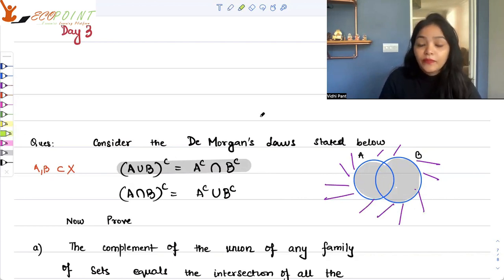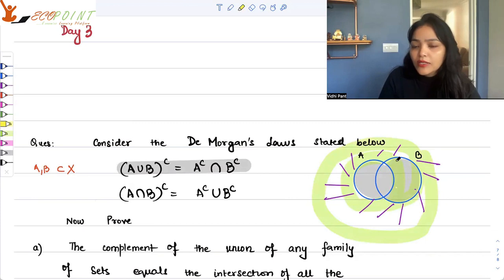Now, what is A complement intersection B complement? So what is A complement? Everything that is not in A. What is B complement? Everything that is not in B. So it's going to be everything here and here, outside, of course.